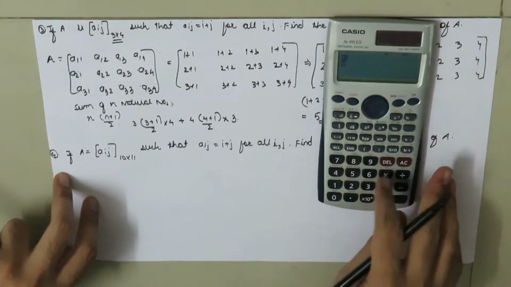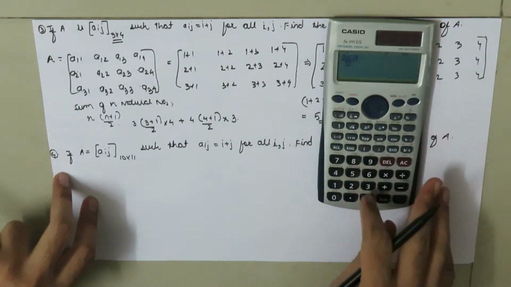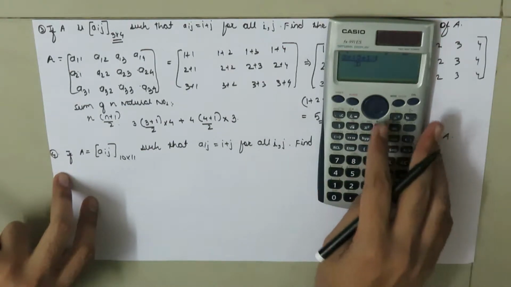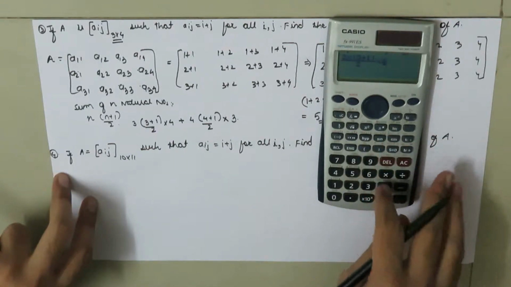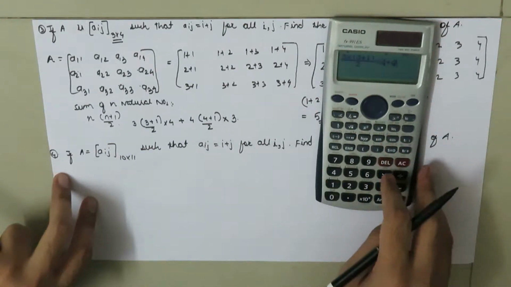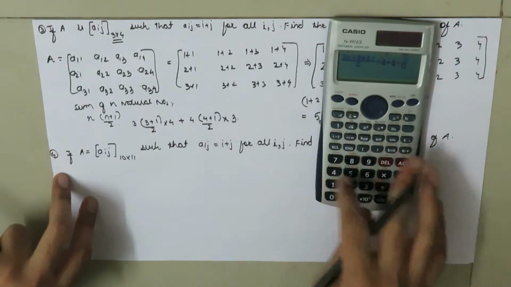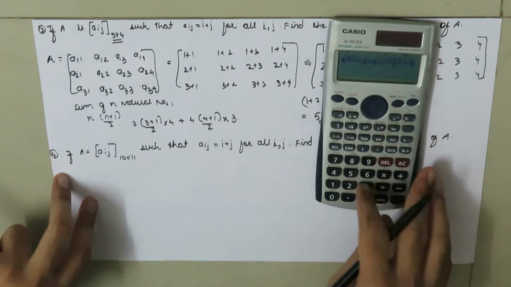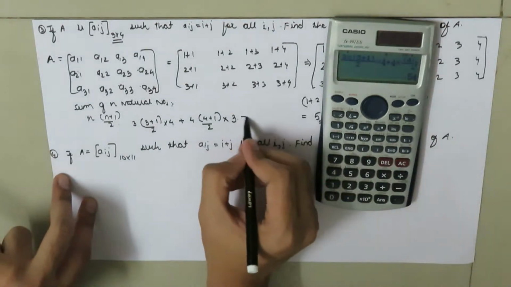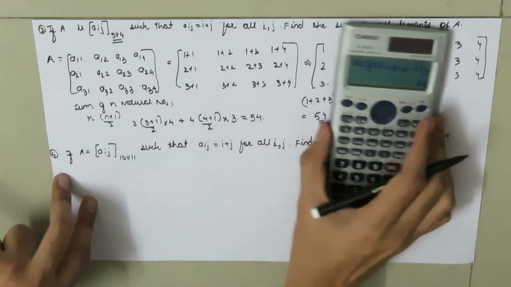So let's see, 3 into 3 plus 1 by 2 multiplied by the columns, plus 4 multiplied by 4 plus 1 by 2 multiplied by the rows, and this is exactly equal to 54.